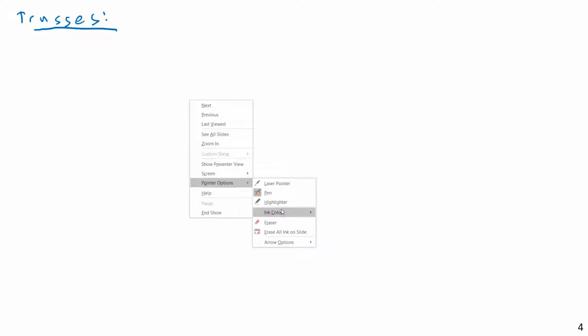First of all, let's consider trusses. We're going to make a couple of assumptions for trusses. Just like all of these approximate methods, they're going to be built on a couple of assumptions. The first assumption, and really they're going to be two assumptions, are based off of the slenderness of the diagonals.